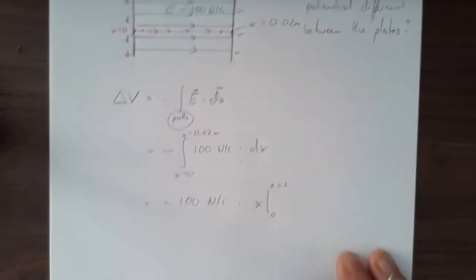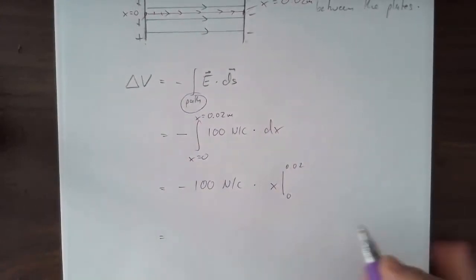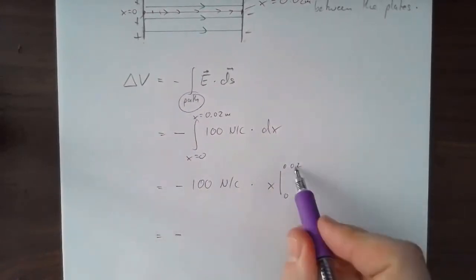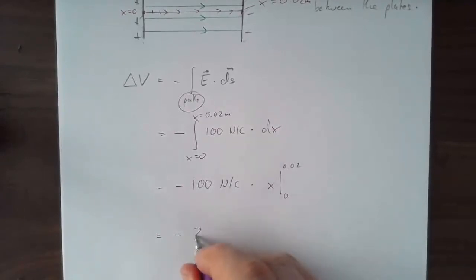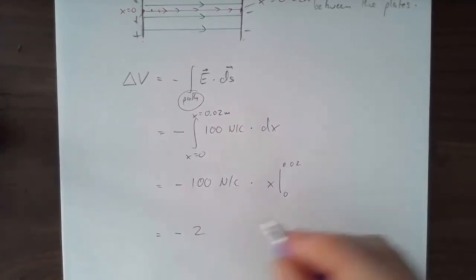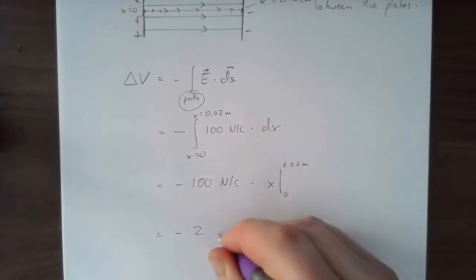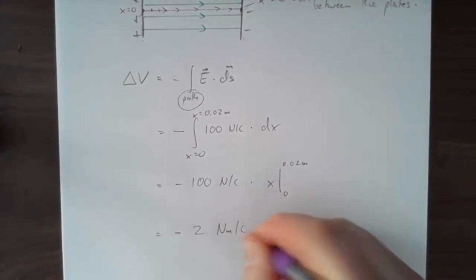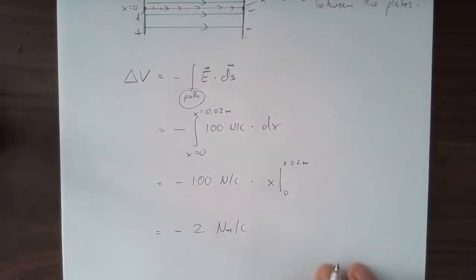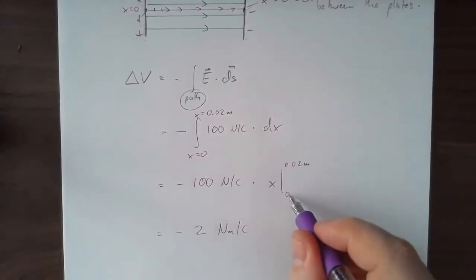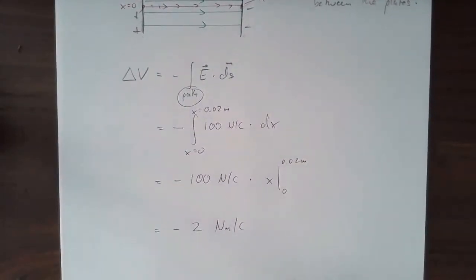Well, that's not difficult, is it? So I get minus 100 times 0.02. That's minus 2. It's in meters, so I get newton meters per coulomb. It's the same as a volt. And then 0, this gives me 0. So I found my potential difference.